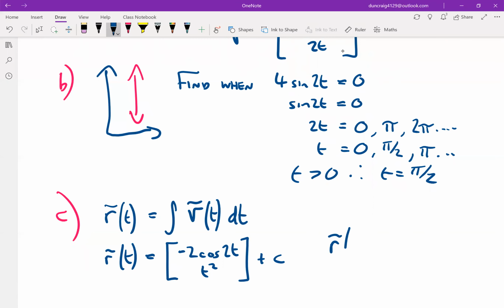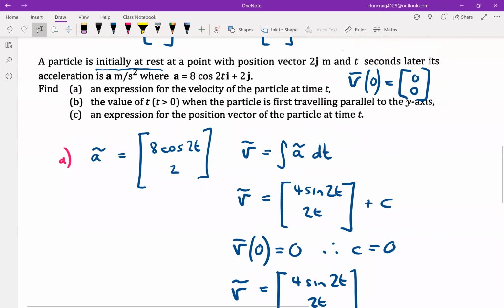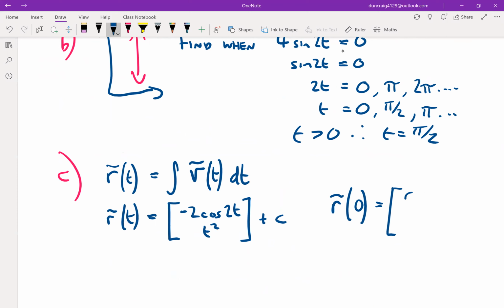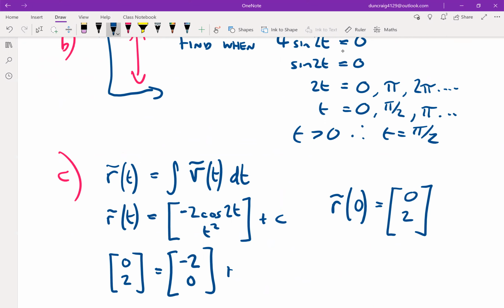Now we know from the initial information that originally it has a position 2j, so it's got a position 0, 2. If I put t equal to 0 into these, that's going to give me a minus 2. So when I put in 0, I get (0, 2) is equal to (minus 2, 0) plus c.